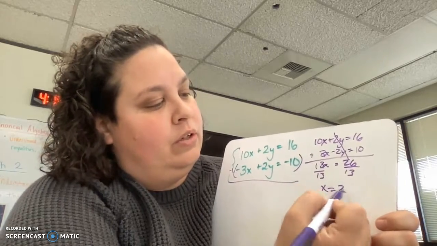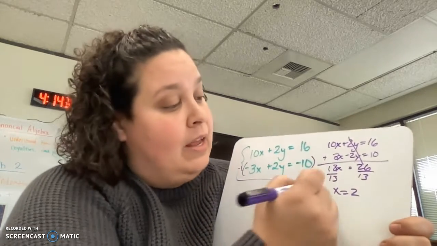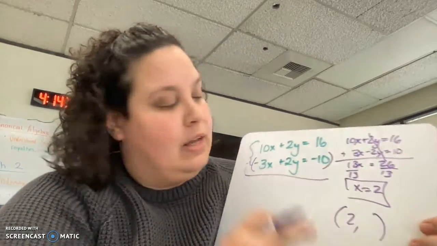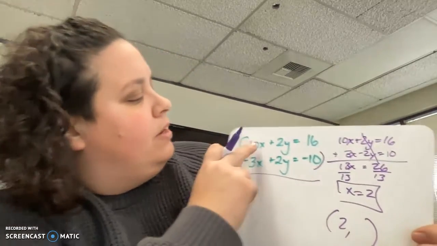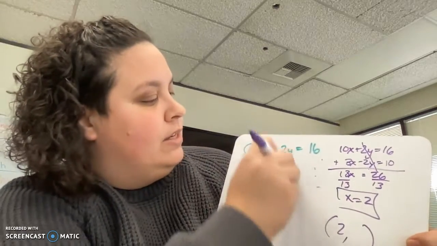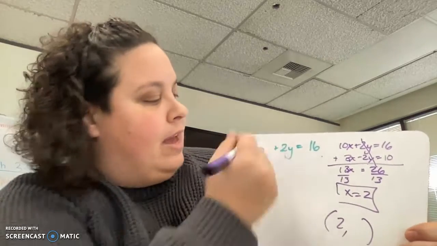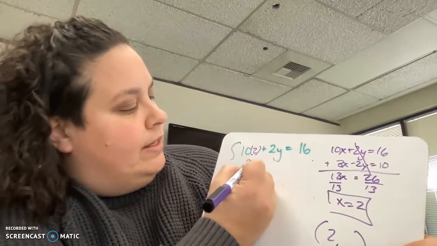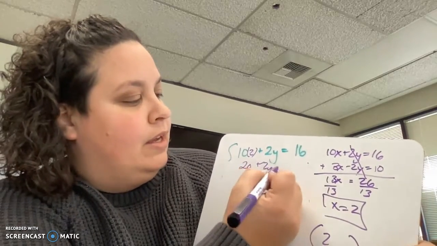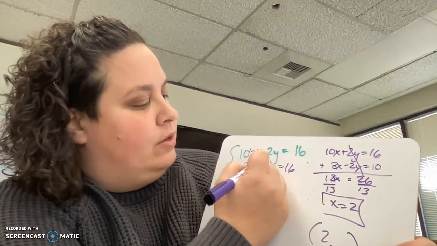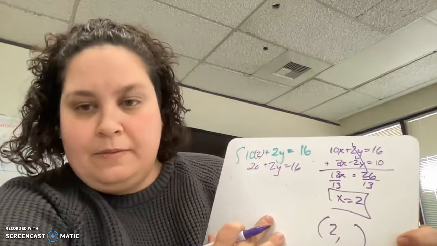X equals 2. Again, this is only part of my answer. I still have to plug that back in. So I'm going to come back up here and I'm going to plug it in right here for that x. So 2 times 10 is 20 plus 2y equals 16. Let me rewrite that. It looks a little ugly. Plus 2y equals 16.